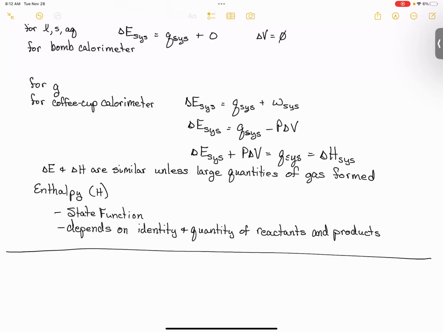So this week is going to be the last week of new material. We are going to finish up our discussion of enthalpy, hopefully today, but we will finish it up this week. And then we are also going to do the gas law chapter.